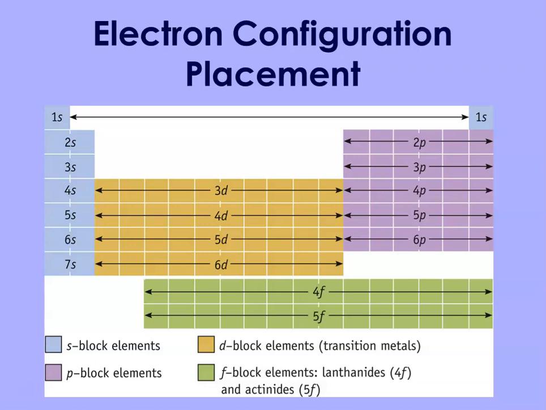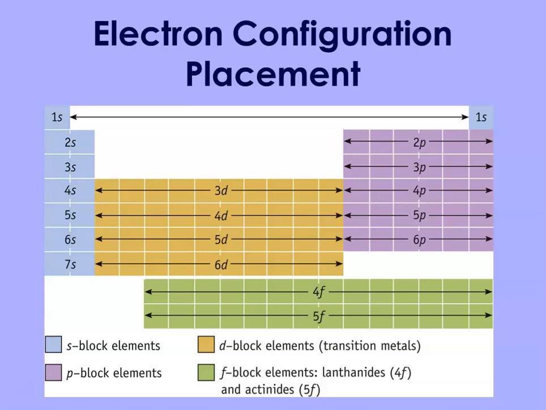But you'll notice that we go back on this: from 4S, we move to 3D, and then we go in and fill up 4P. And the reason why we kind of go back with both the D's and the F's is, remember that Aufbau's rule, the first and foremost, is that you always place electrons in energy levels from lowest to highest energy.